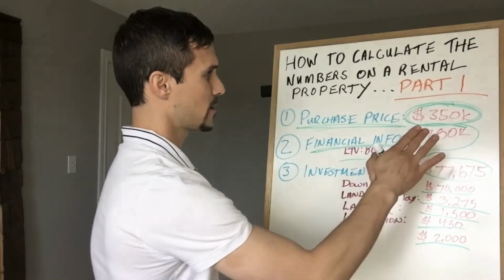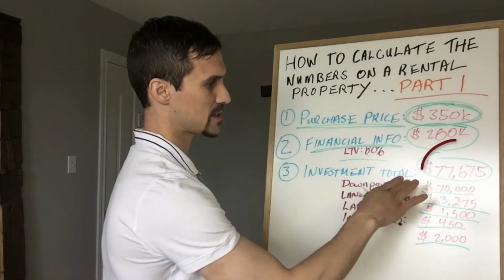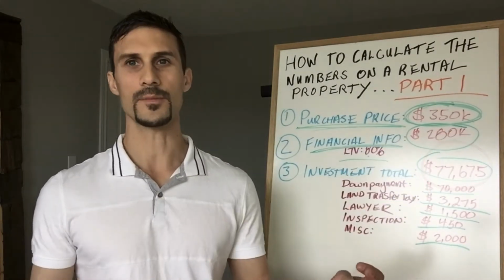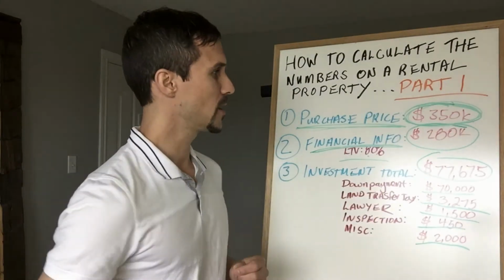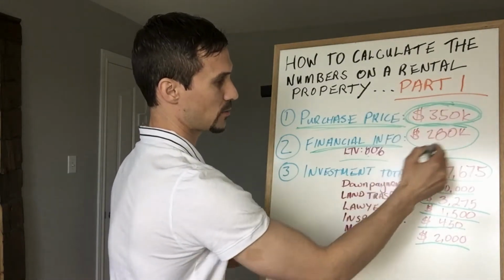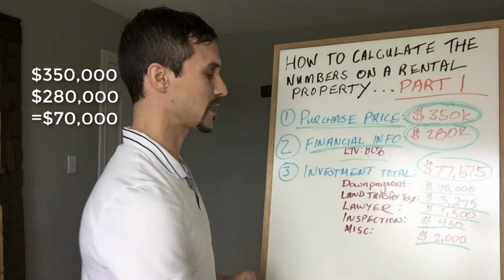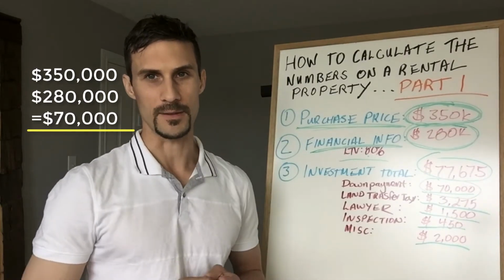So we've come up with an amount here. I've already predetermined this. It's $77,675. How did I come up with this number? We know we purchased for $350,000. We know that it's at 80% loan to value, so our mortgage is $280,000. So that leaves us with $70,000 as a down payment.